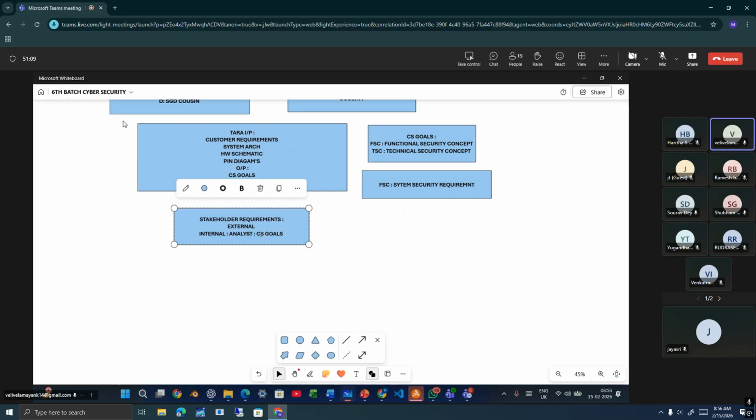Your goals are nothing but your internal stakeholder requirements. Architects always care only about the customer, but external requirements you will get from the customer, the stakeholder requirements. So that is the reason. This is the inside reality at the organization level.